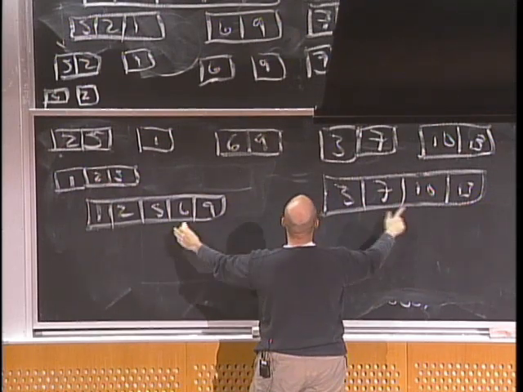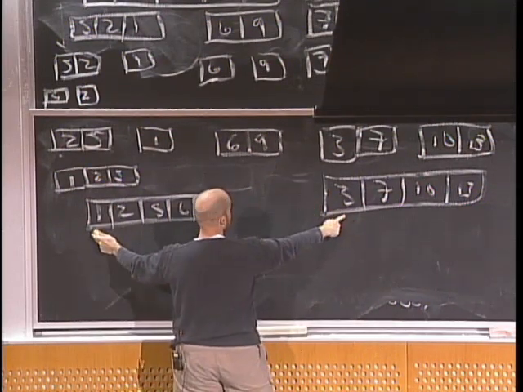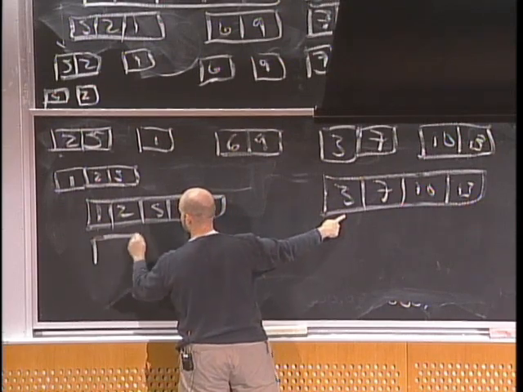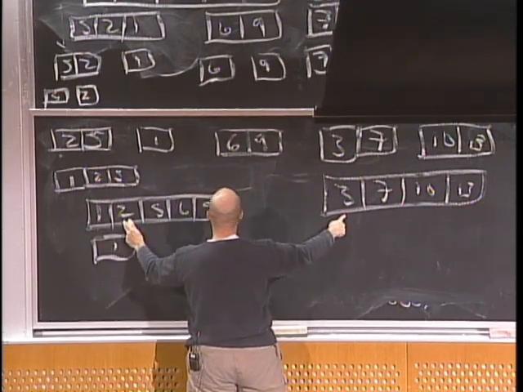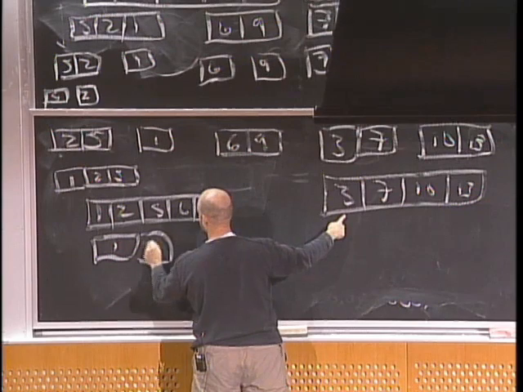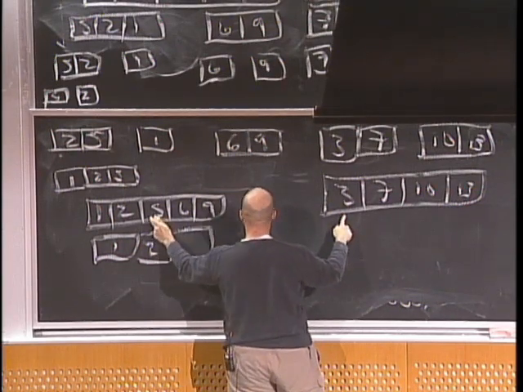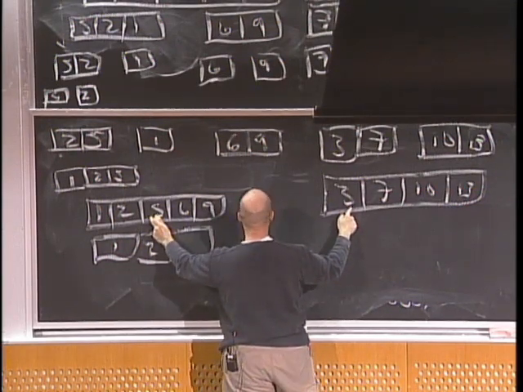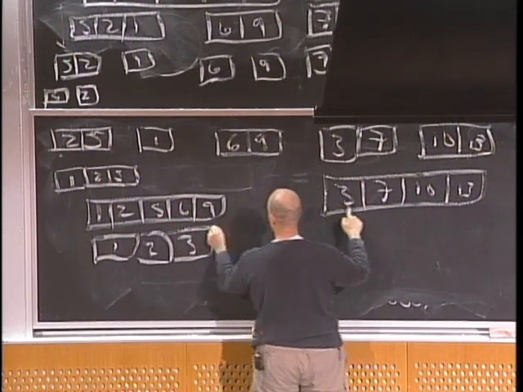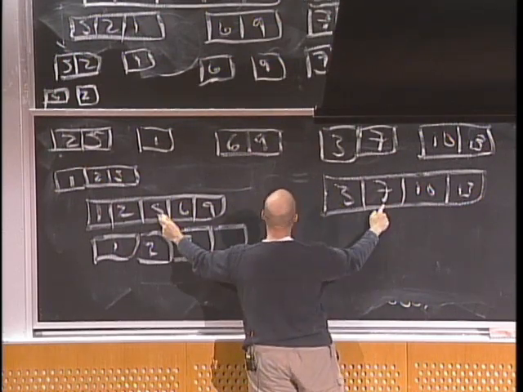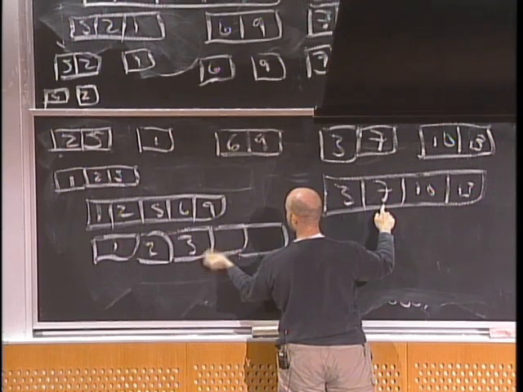Now we're going to merge these lists, right? So we're going to start at the beginning. 1 comes before 3. First element is 1. 2 comes before 3. Now we're here in this list. We're still at the beginning of this list. 3 comes before 5. 5 comes before 7.